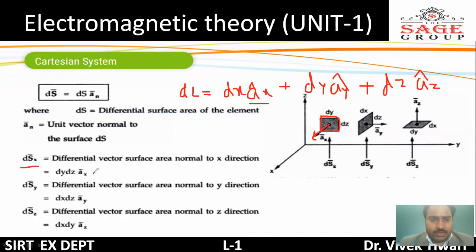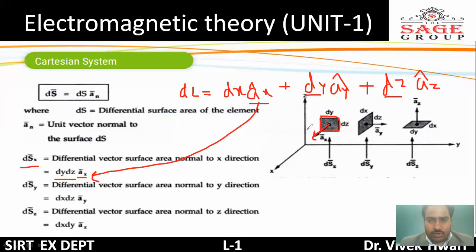Then we choose the direction ax, because we want the surface in the direction of ax. If we see this figure, this surface will be in the direction of x. So we simply multiply dy and dz, and we calculate the surface in the direction of ax.